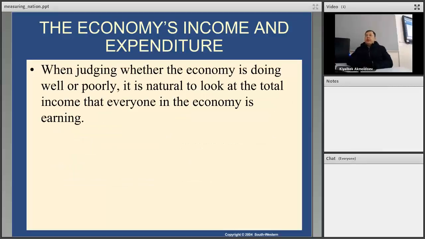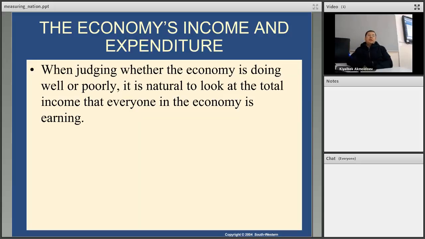When judging whether the economy is doing well or poorly, it is natural to look at the total income that everyone in the economy is earning. If I want to judge one person's well-being, I have to ask about his income, how much he is earning per month or per year, and according to his income I can judge his well-being.